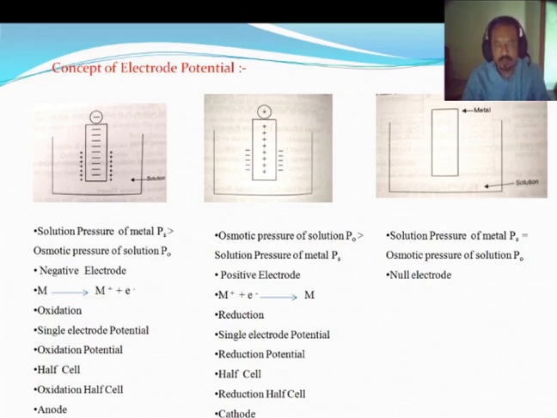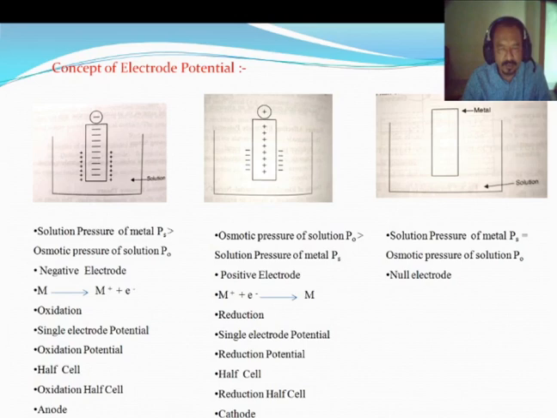Now the second possibility: if the osmotic pressure of the solution is greater than the solution pressure of the metal, that means the tendency of metal ions to get deposited on the metal electrode from the solution is more than that of metal ions passing from the electrode to the solution.